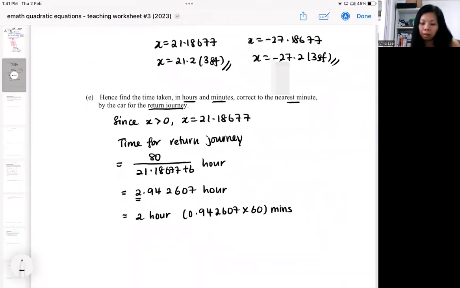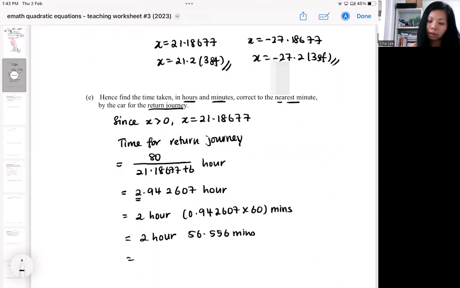So you pick the decimal to multiply by 60. So you will get something like this. And then, because the question said nearest minute, I will put it to 57 minutes.